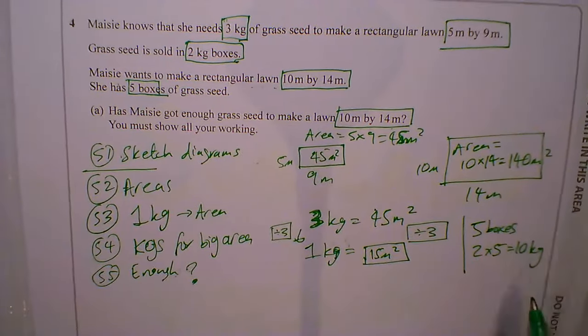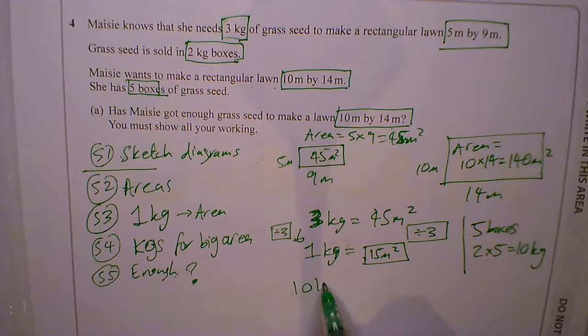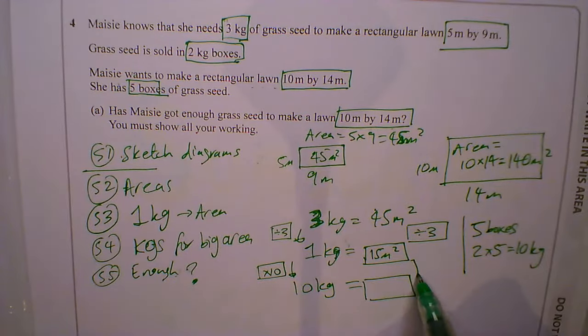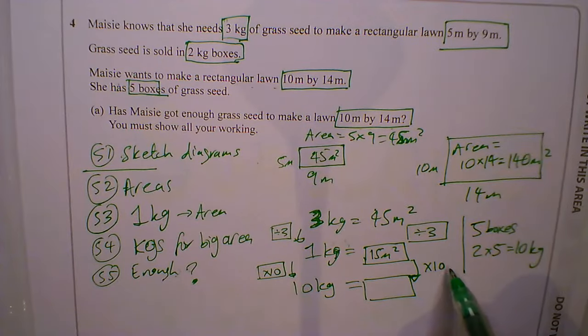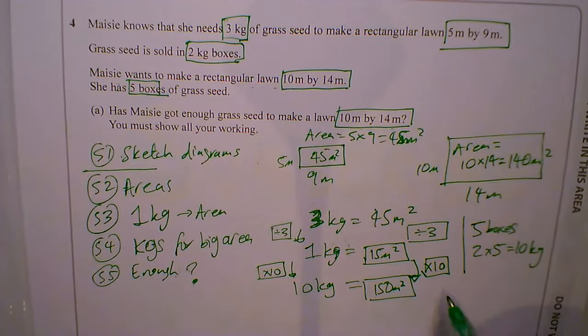So I have got 10 kilograms of grass seed. So how do I get from this to this? I am multiplying by 10. So I do the same thing here, multiply by 10. So 15 times 10 is 150 meters squared.